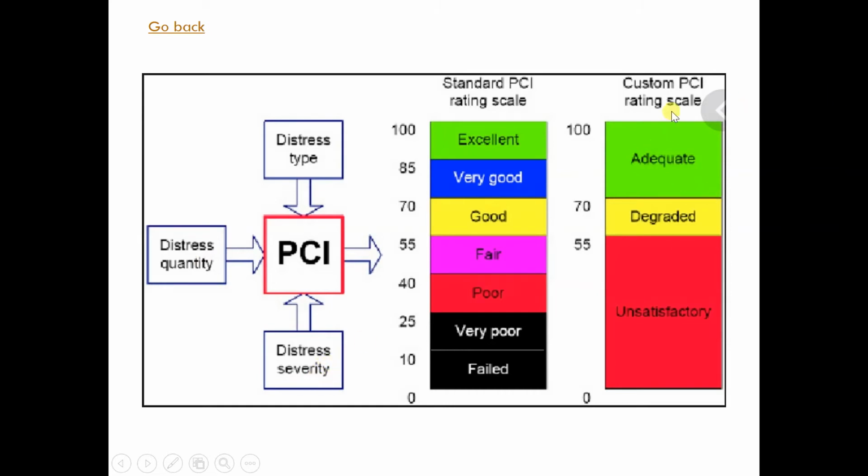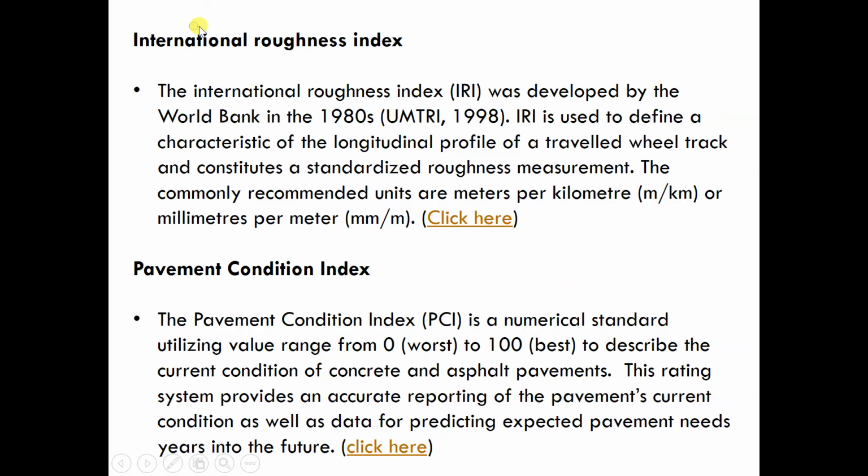So the custom PCI rating scale: above 70 is considered adequate, 55 to 70 is considered degraded, and below 55 is unsatisfactory. Okay, so this is the PCI method.